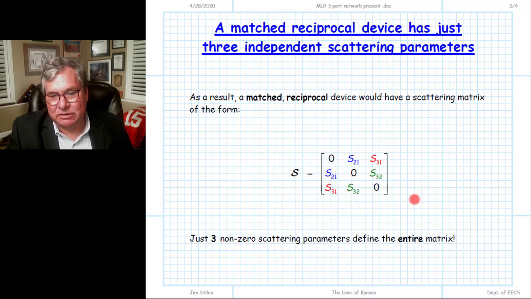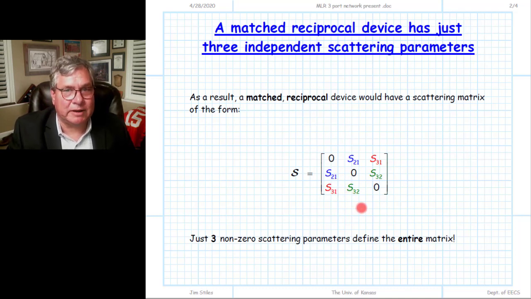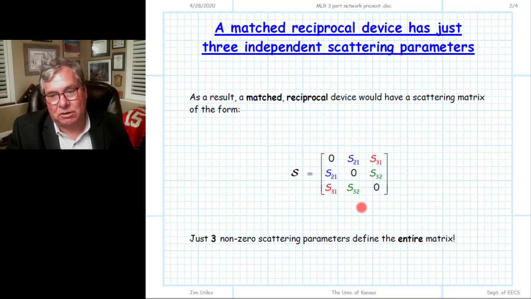And we see that there are just 3 non-defined scattering parameters in this entire matrix. Once I know S21, S31, and S32, then we know the entire matrix for this three-port device, which is reciprocal and matched. So as we add equations, we really constrain what the scattering matrix might look like.